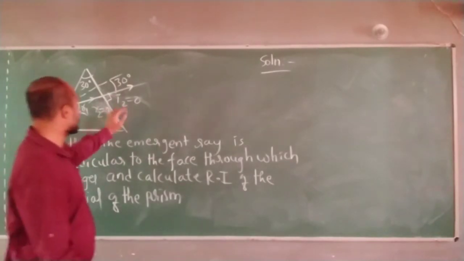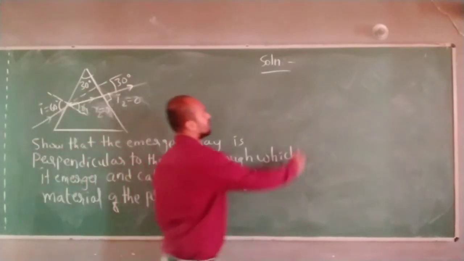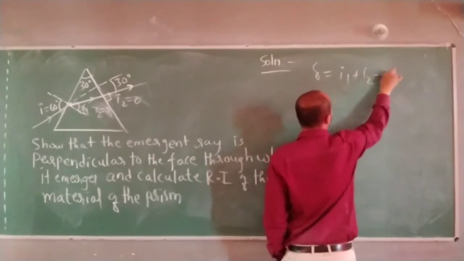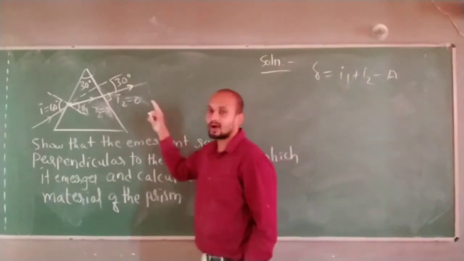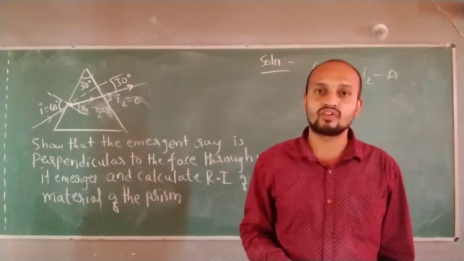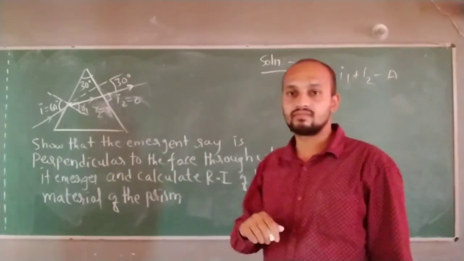How to prove? Let us find I2. To find I2, total deviation is given. Total deviation is I1 plus I2 minus A. Why? He is not talking about minimum deviation. Since he is not talking about minimum deviation, mu is equal to sine of A plus D by 2, you cannot apply that. Got it now?